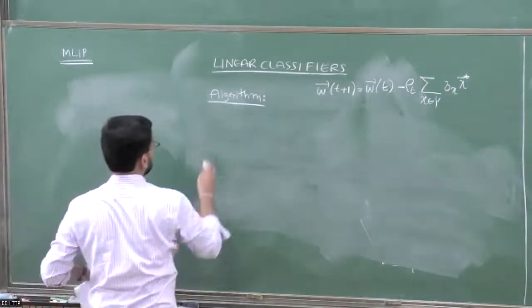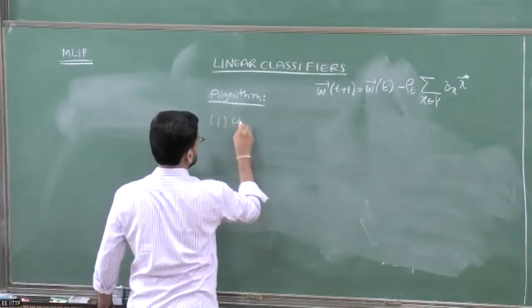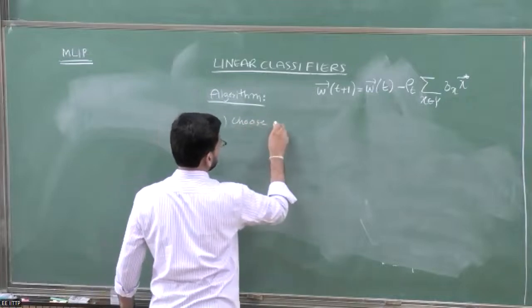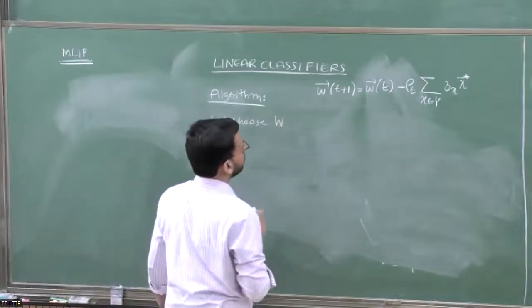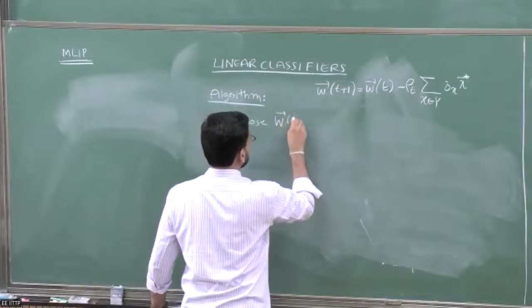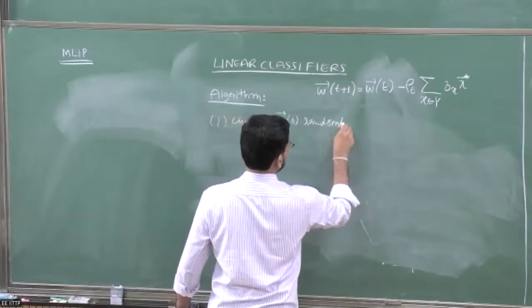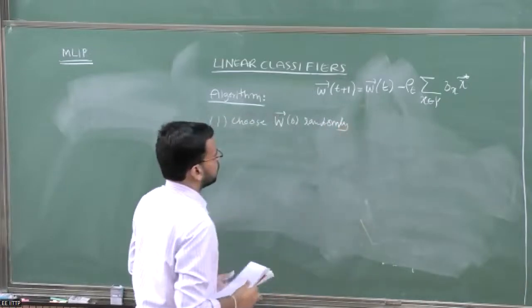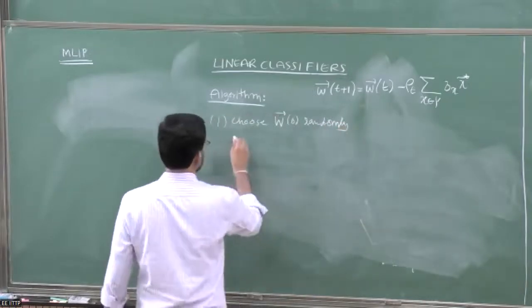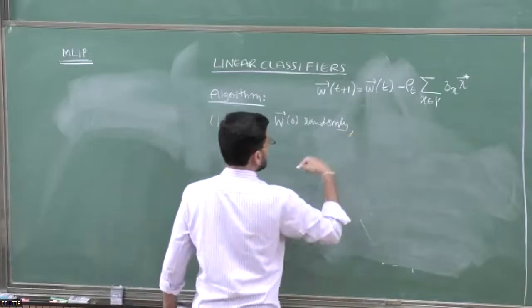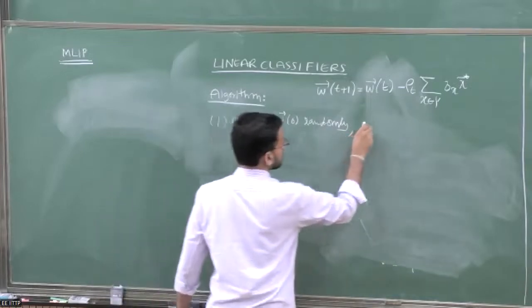As you said, first you choose W bar of 0 randomly. Then you also choose rho.